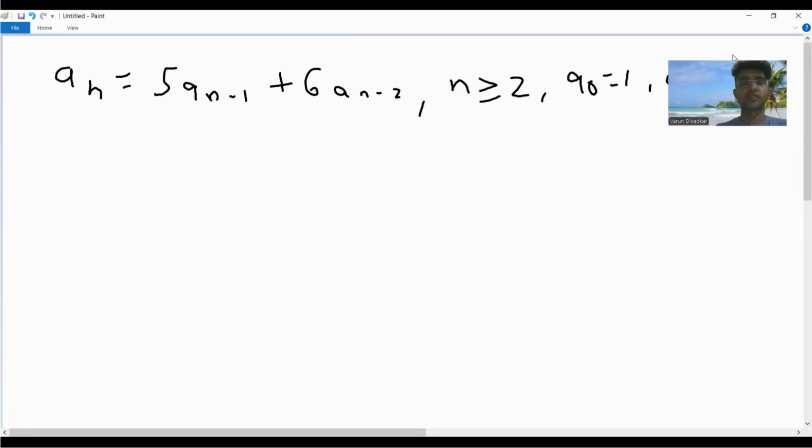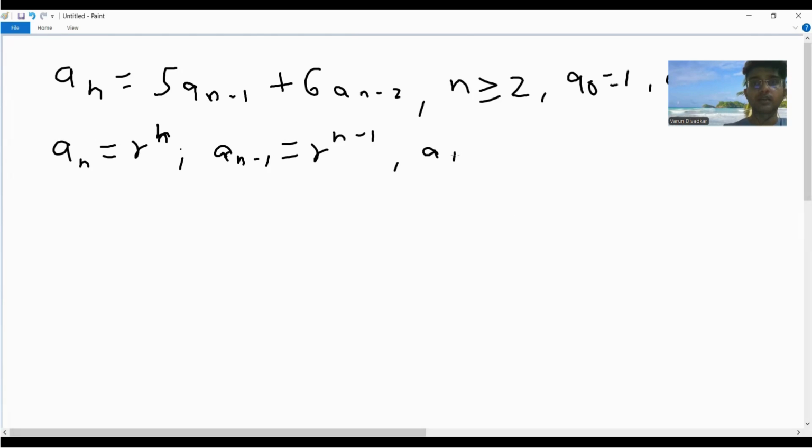How do you solve this? First, you assume that a n equals r raised to n. By this understanding, a n minus 1 equals r raised to n minus 1, and a n minus 2 equals r raised to n minus 2.